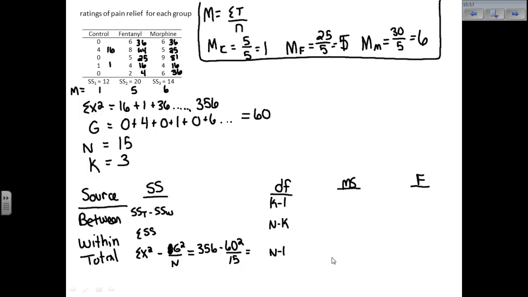So this becomes 356 minus 3,600 divided by 15, which becomes 356 minus, well, 3,600 divided by 15 is 240. And you end up with a final value of 116 for the sum of squares total.